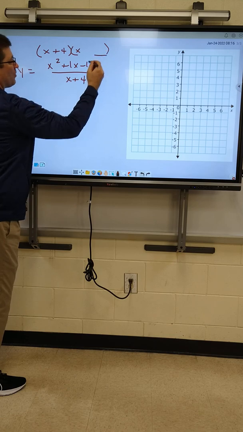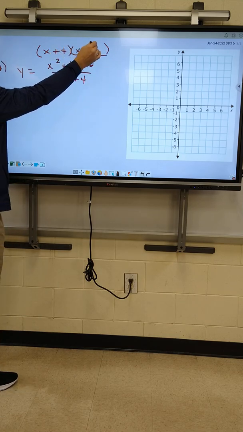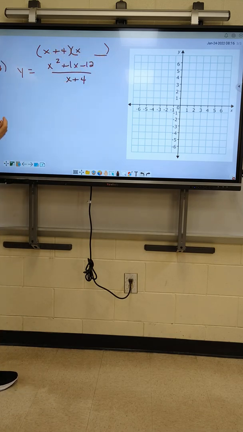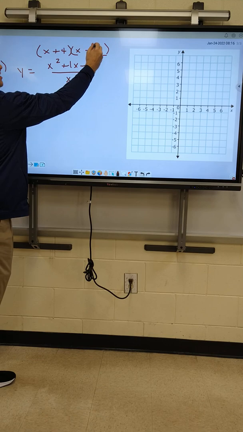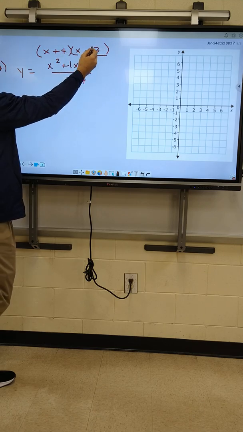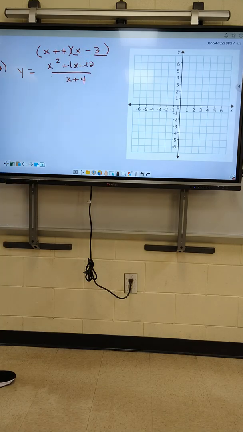For the other number here, 4 times what number gives you 12? 3. Okay, so now the question is, is it going to be x plus 3 or x minus 3? It's got to be a minus 3. How do you know? Well, 4 times negative 3 is how you get negative 12. If it was a positive 3, that'd give you positive 12 and it wouldn't work. So that should help you factor it out.